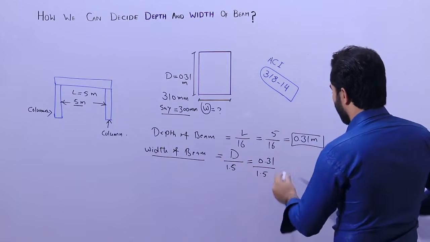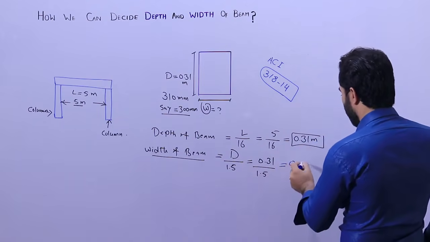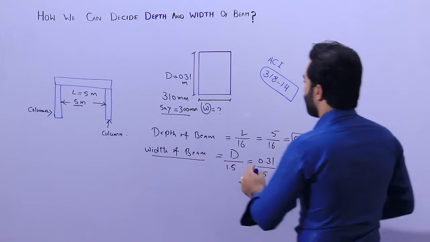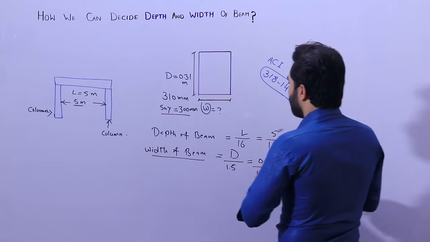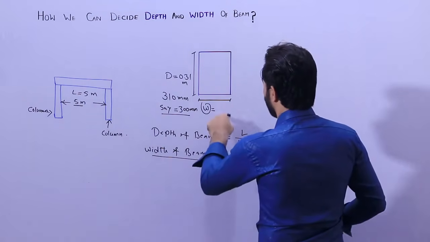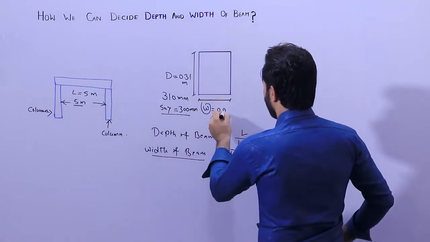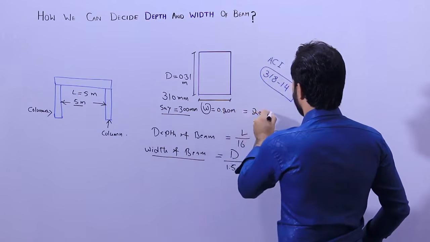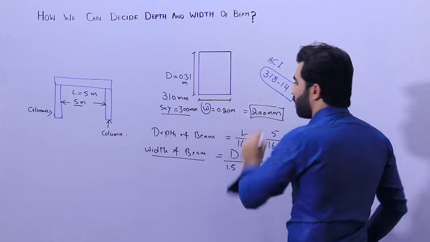You will get the value 0.20 meters. So this is the width of the beam. You can say that the width of the beam required is 0.20 meter, or say 200 millimeter. This is the width of the beam.